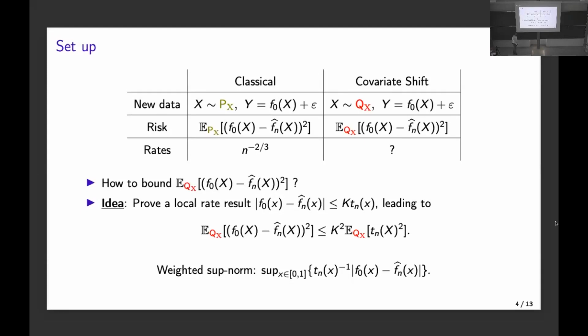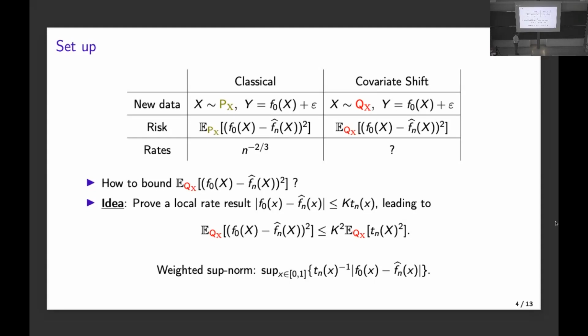Okay. So in the following 20 minutes, I will first introduce our main result, which is a little bit abstract.